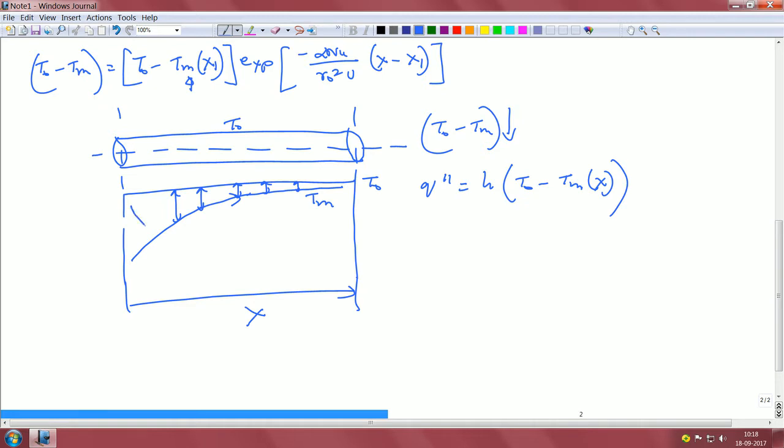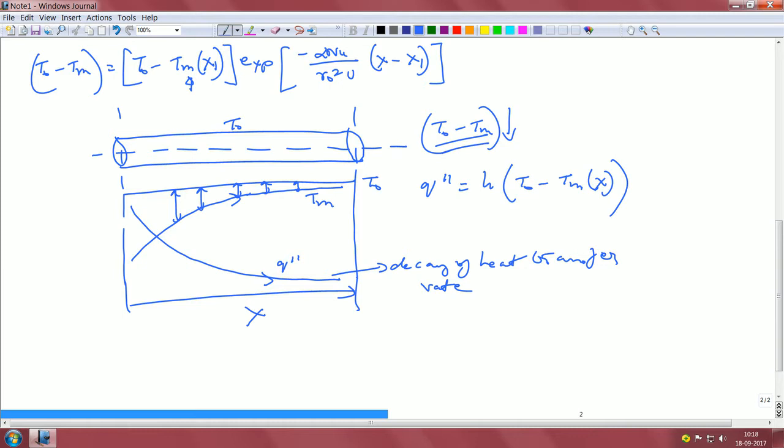In other words, this comes down like this, correct. So, there is a decay of heat transfer rate, and there is a decay in T naught minus Tm.